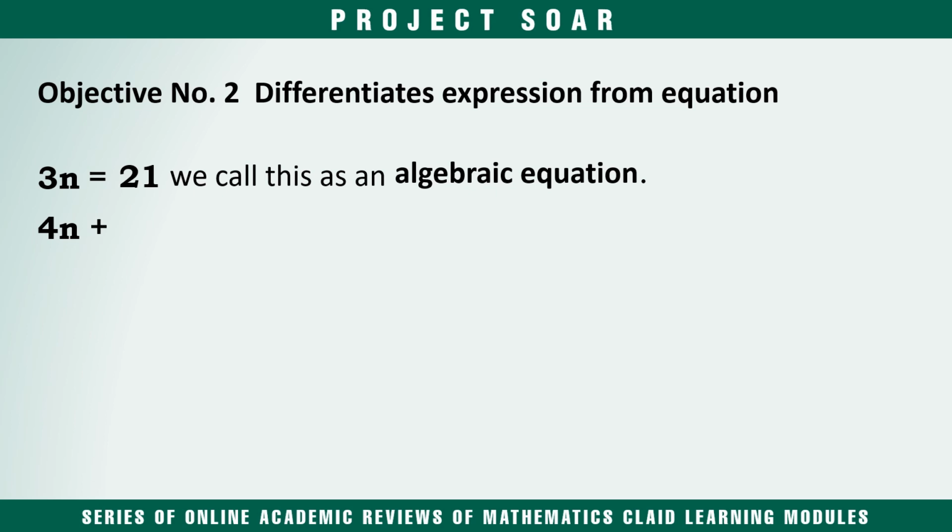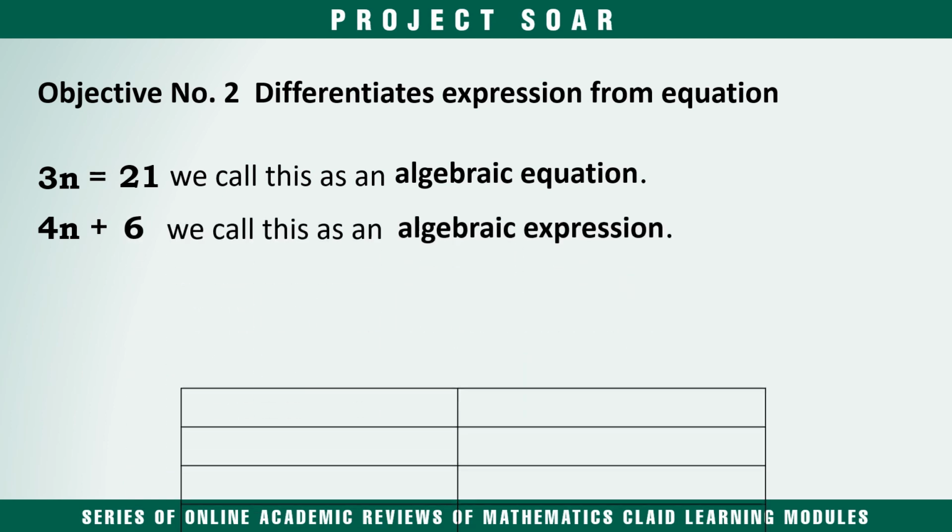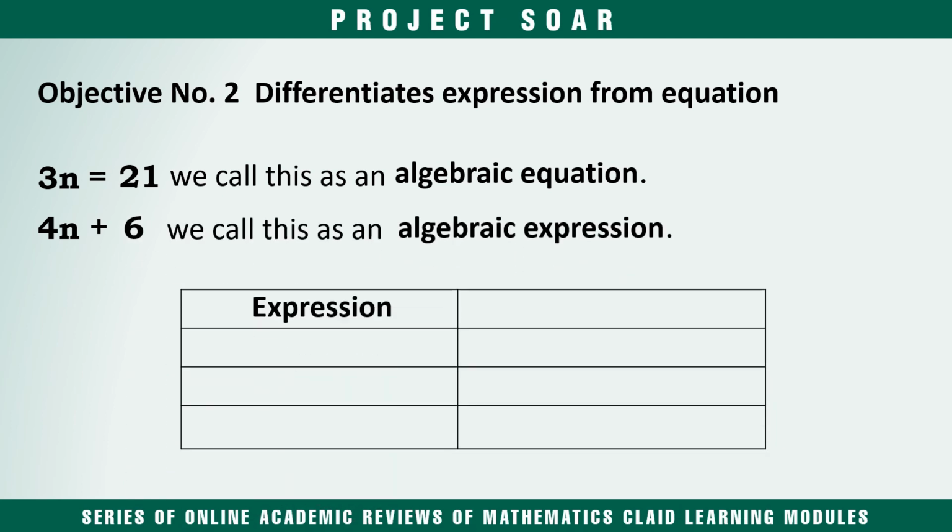While 4n plus 6 does not give complete information, for it has no answer and no relation symbol, we call this an algebraic expression. Down here in the column are other examples of expressions and equations.